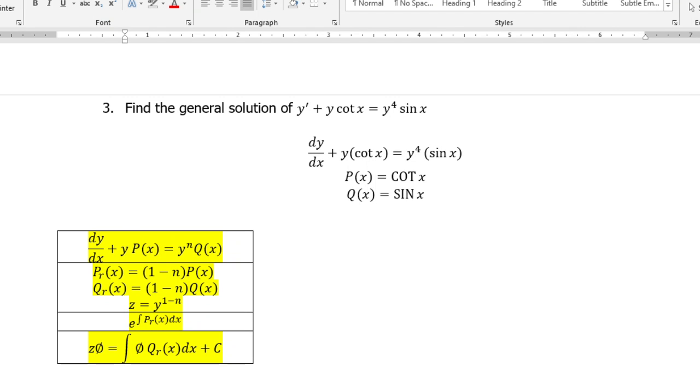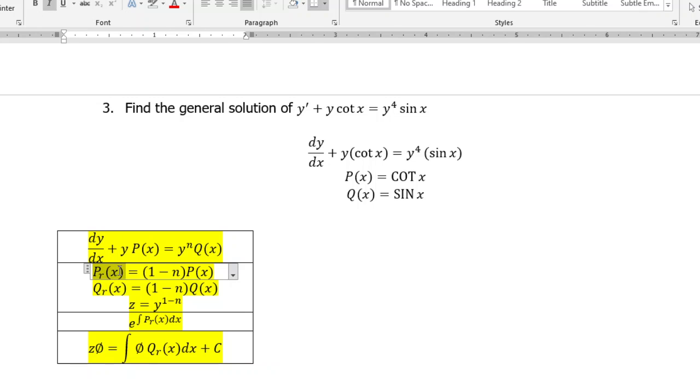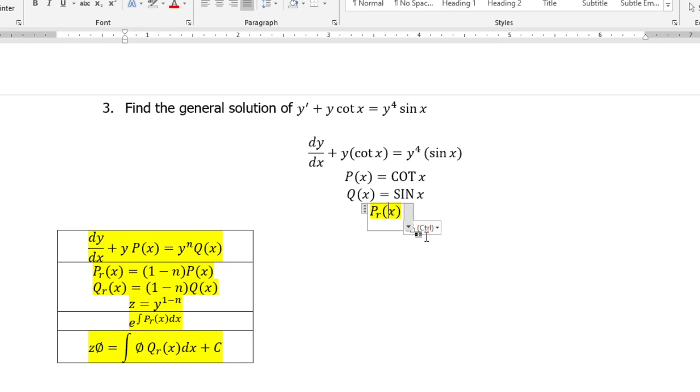Okay? So, cotangent x, sin x. So, kailangan natin ng PR of x from the formula 1 minus n multiplied by P of x. Ayun. Okay?